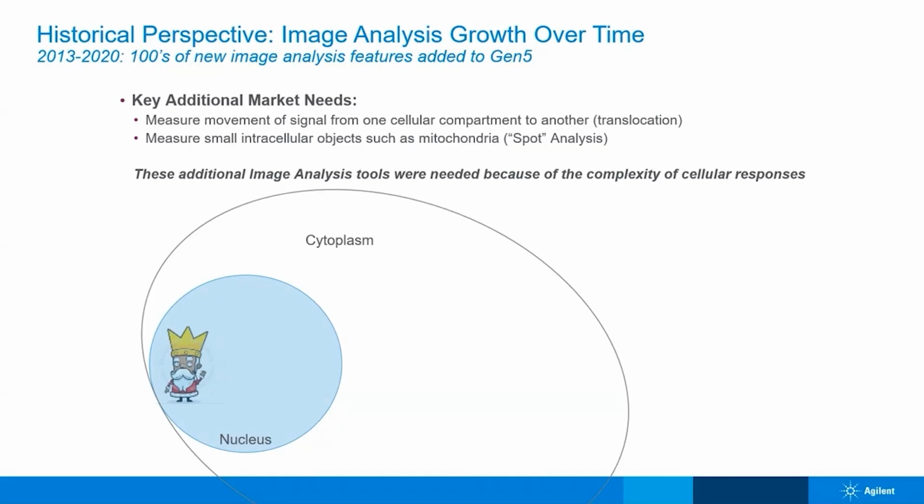Using this analogy, we already had the ability to label the nucleus with DAPI and measure or monitor that area. But there are also proteins out in the cytoplasm of the cell that have critical purpose as well. And we can label those in fluorescent microscopy with a secondary color, in this case green. And under normal conditions, that would stay out in the cytoplasm. But if you add a drug to the cell, that protein will then translocate from the cytoplasm to the nucleus and elicit a response by the cell.